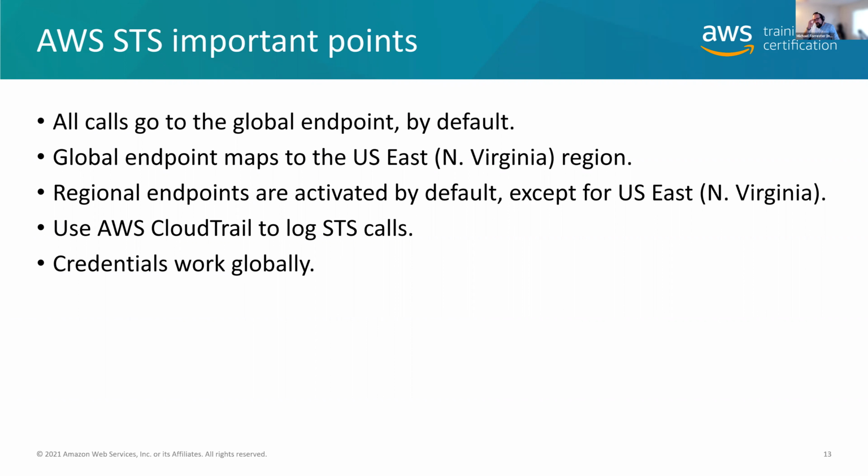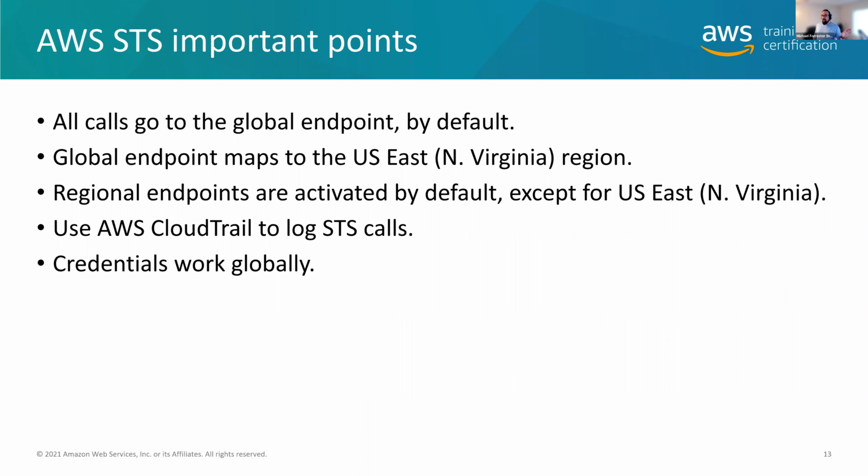I just want to mention this. I know this slide says this. If you go to call a regional endpoint, let's say you go to call STS inside of US West 2 and it doesn't seem to be working, I know this is a little bit counterintuitive from what the slide just said, but you need to log into your account and click on STS and make sure that STS is activated. The slide says that the regional endpoints are activated by default.